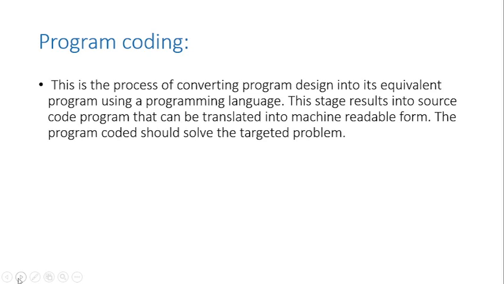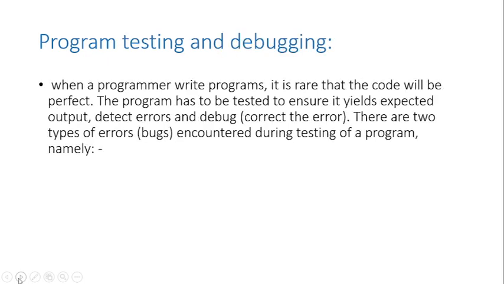The next stage is program coding, which involves converting the program design into its equivalent program using a programming language. This stage results in a source code program that can be translated into machine readable form. The next stage is program testing and debugging.